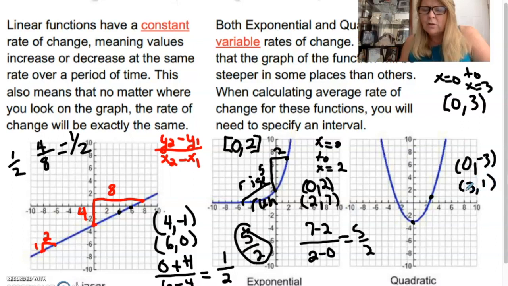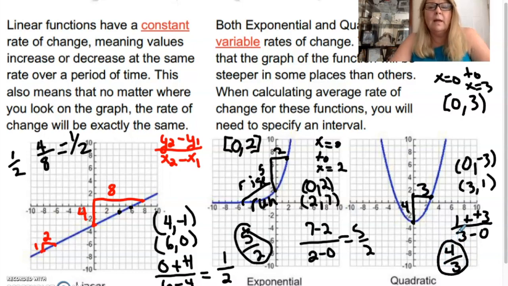So subtract your y's, 1 minus a negative 3, over your x's, 3 minus 0. Change your signs, change it to plus a positive. So we would have 4 over 3. We could count our rise, 1, 2, 3, 4, over 3. So it's 4 over 3. That's the slope of that line.